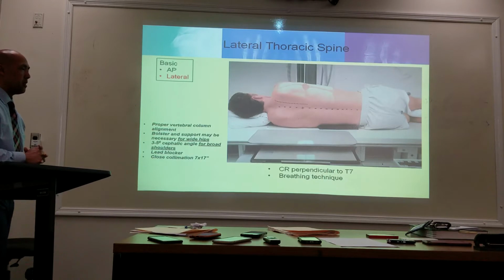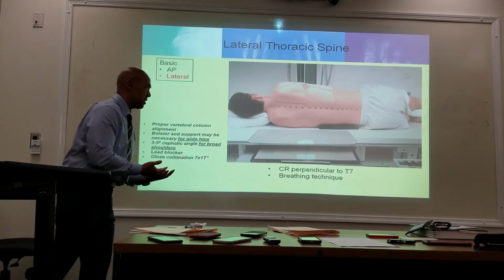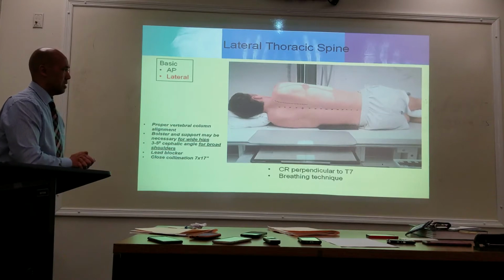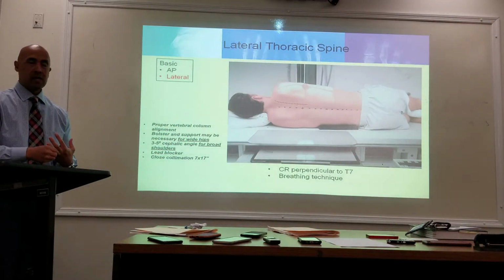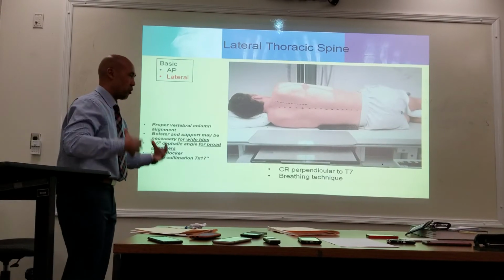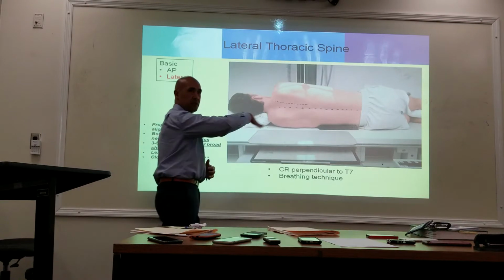It's important that you adjust the patient's back in accordance with the surface of the image receptor. So someone who has broad shoulders or wide hips, it may cause the back to sink or bow.